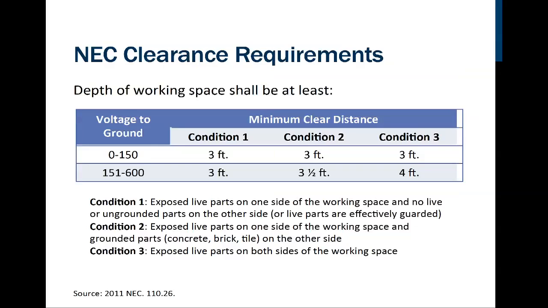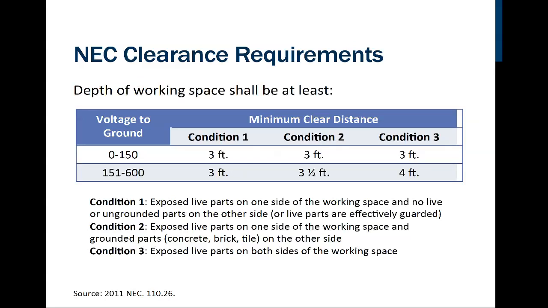So, per the National Electric Code, for the depth of the working space, if the voltage to ground is 150 volts or less, and we have some exposed live parts on one side of the working space and no live or ungrounded parts on the other side, then we can get away with 3 feet. So you'll notice anything under 150 volts, 3 feet is the minimum distance that we need.